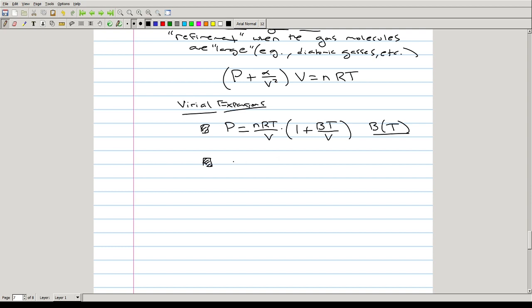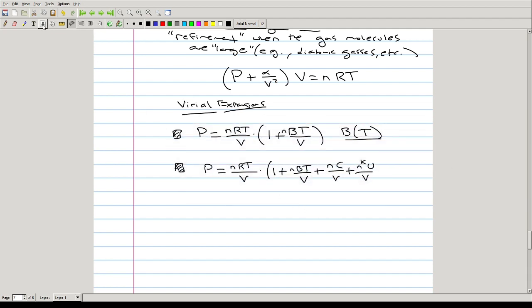A more complicated one would be that P equals nRT over V times 1 plus nB(T) over V plus nC over V squared plus further terms with U and W over V, okay, where B, C, U, and W are all functions of T.